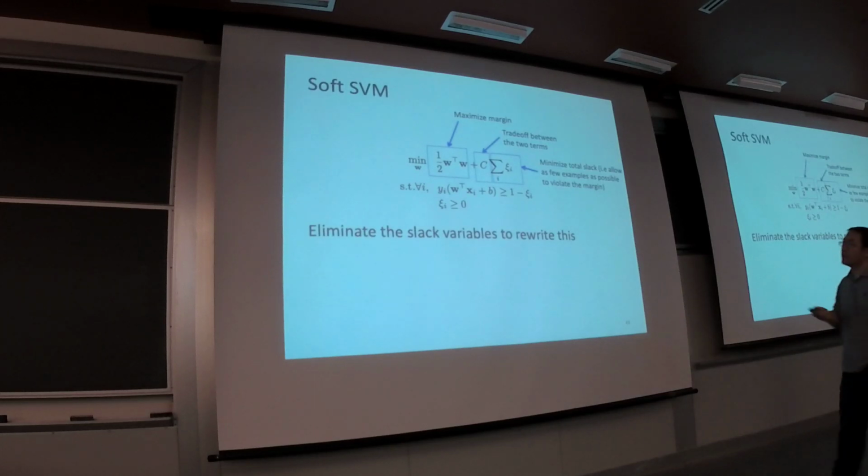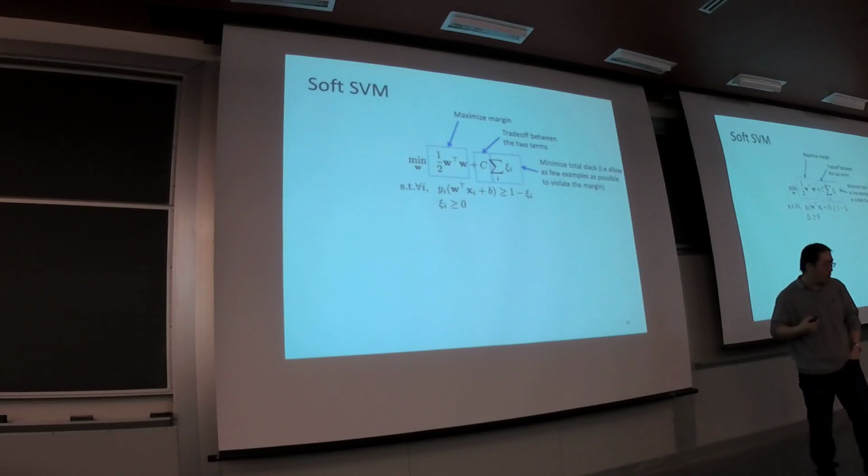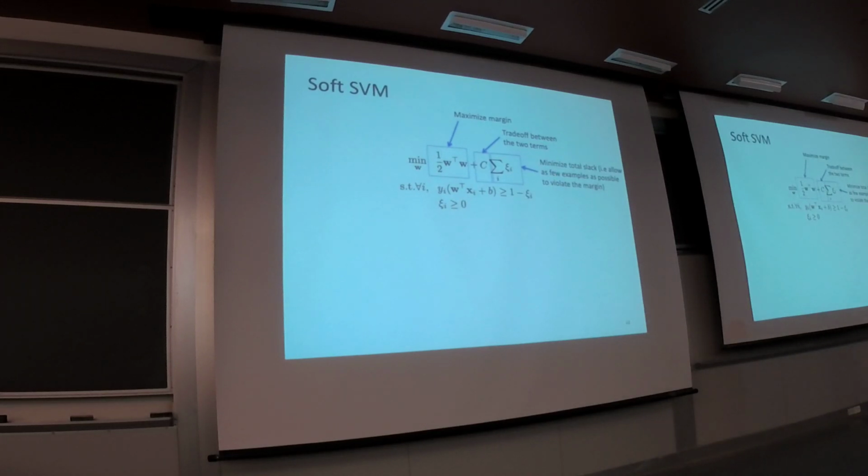So now, let us look at how we solve this problem. We have formulated a new optimization problem called soft SVM, such that we can deal with all kinds of data. We do not enforce that your data must be linearly separable. Even if your data is not linearly separable, it works well, right? And then the remaining problem is how to solve it.